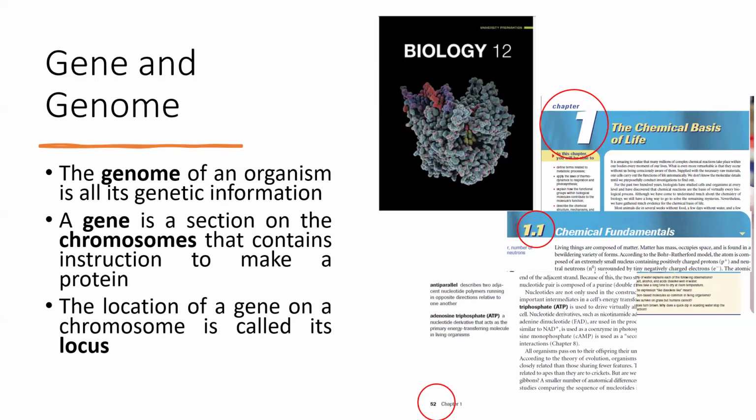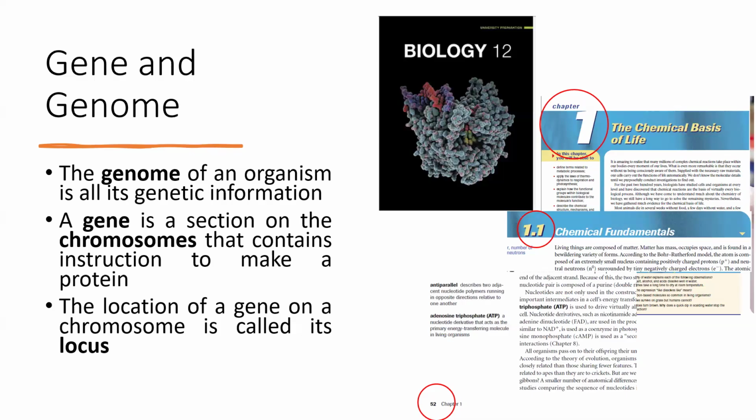And finally, the location of the gene is called the locus. The chromosome is really long and it has many genes on it. Where is the gene located? That's the locus, and that would be like the page number. The locus, the location at which you find, let's say, the BRCA1 gene, is the same on everybody.